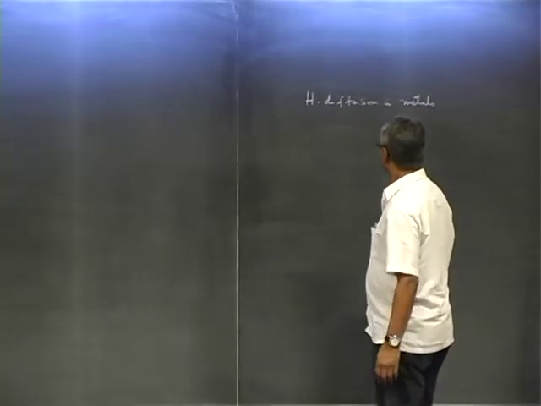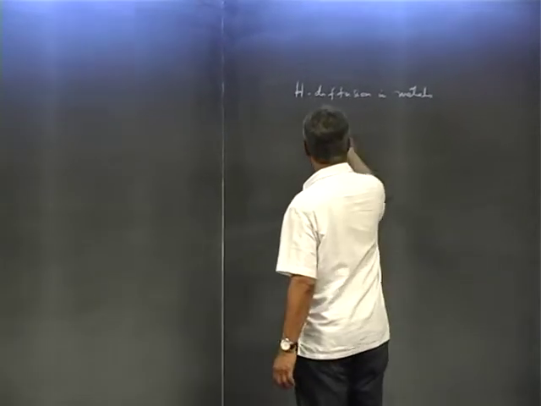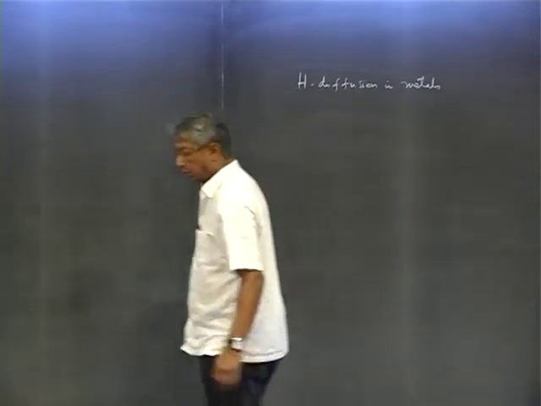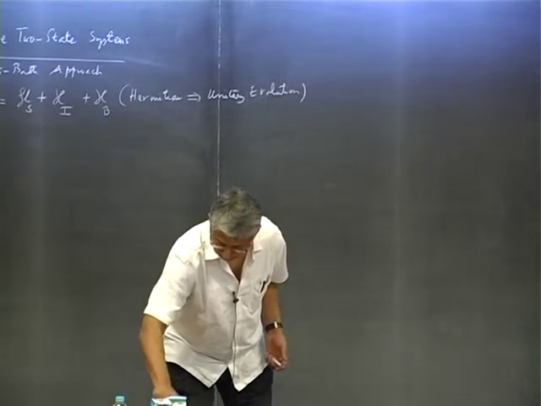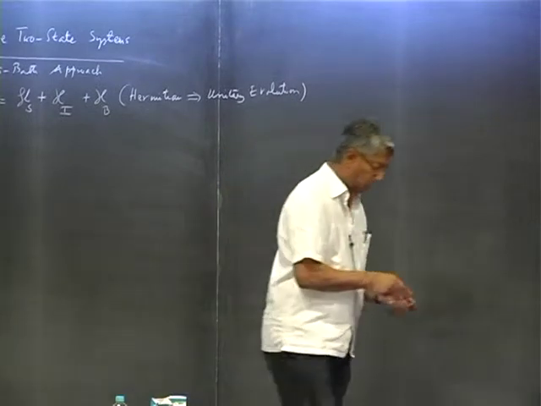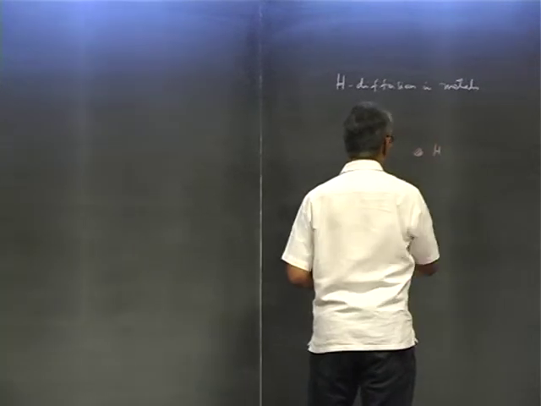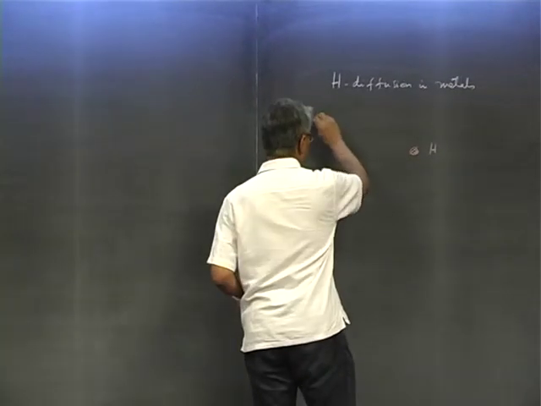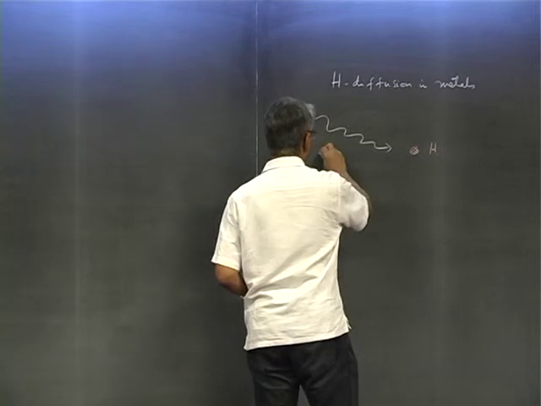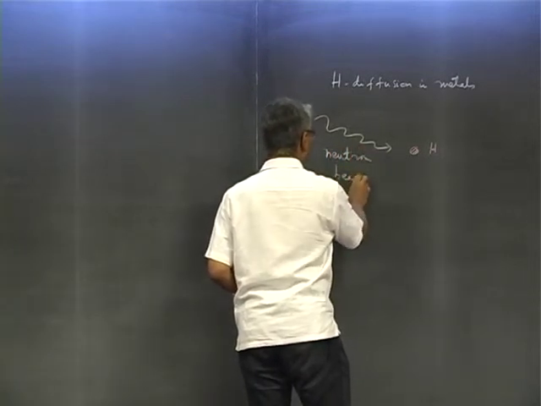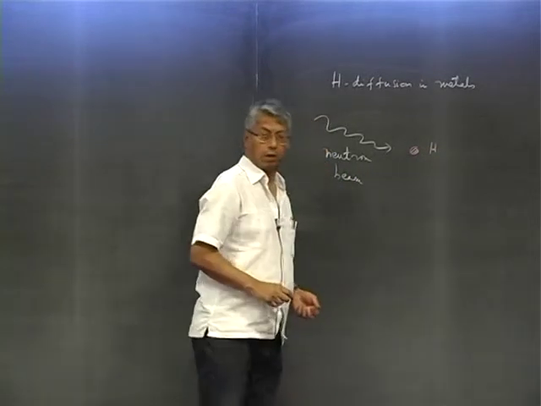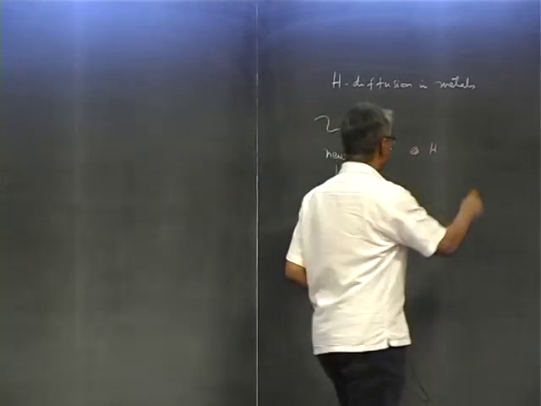And in fact, it undergoes what's called quantum diffusion. To study this problem, suppose you have a hydrogen atom or a collection of them. And one of the very important methods to study hydrogen is neutron scattering. So you come with a neutron beam from a thermal reactor, and then you look at the scattering.